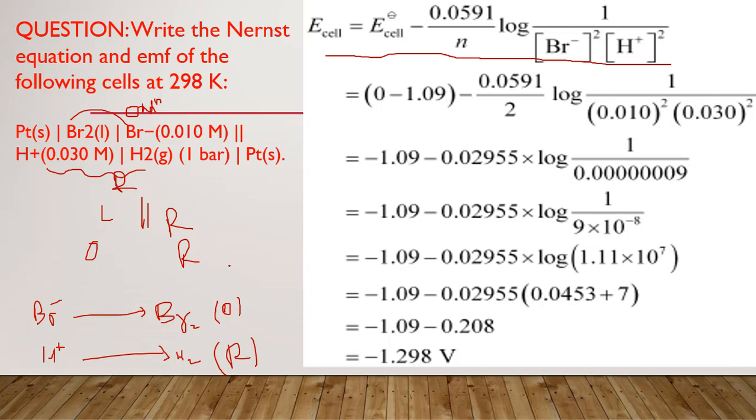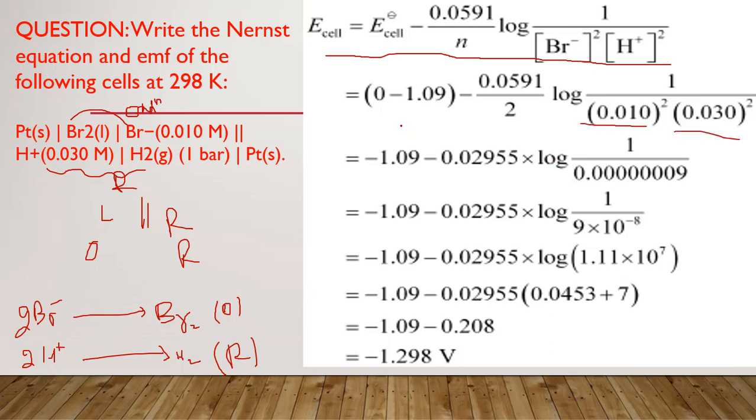So in the balanced equation, Br2 is there, so 2 Br minus, here 2 H plus is there. Now reactant concentration whole squared, so easily you will get this.